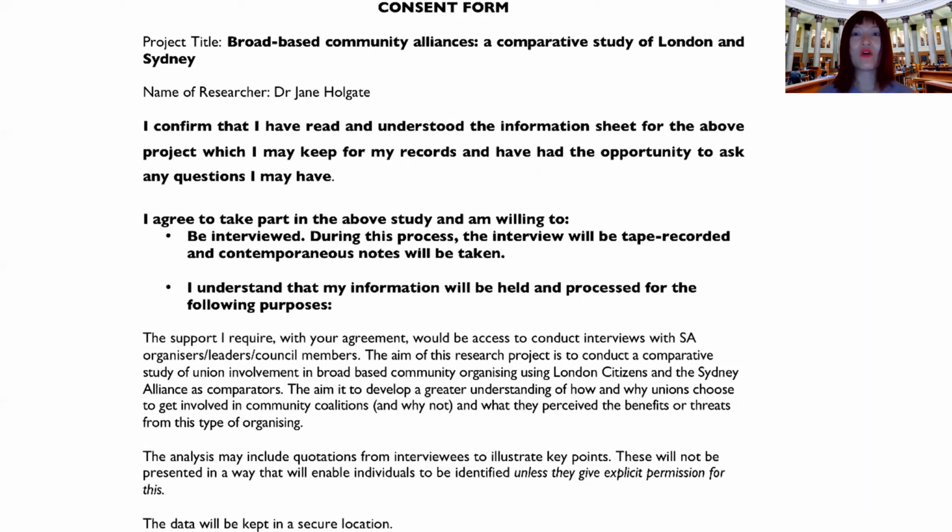For example, where you would like to store your data, whether you want to take a recording of the interview, and how participants can approach you if they have any questions or if they want to change their access to the data. Okay.